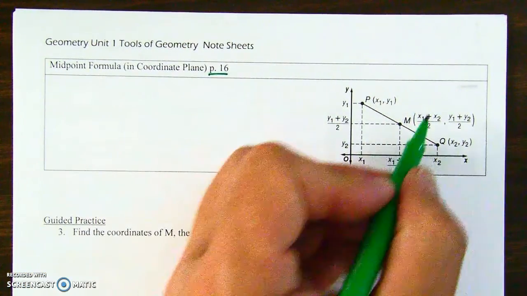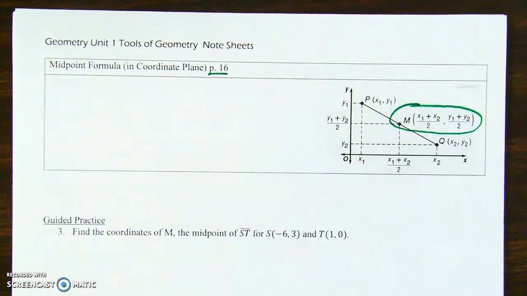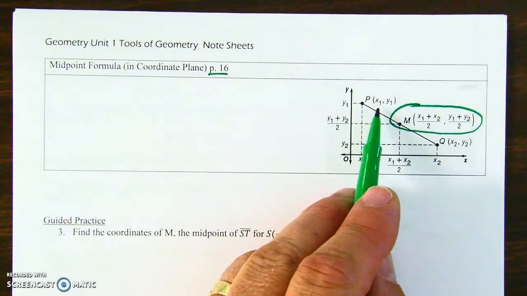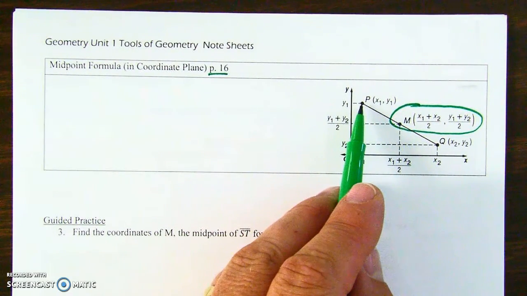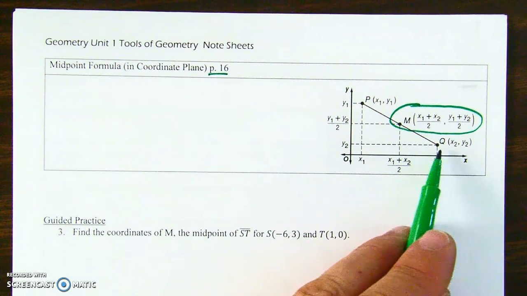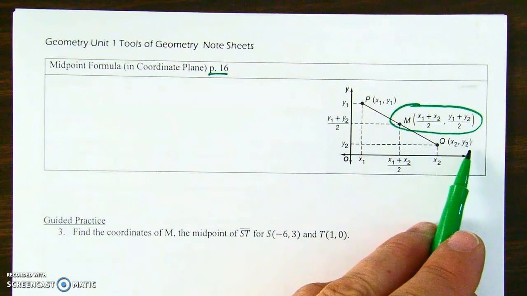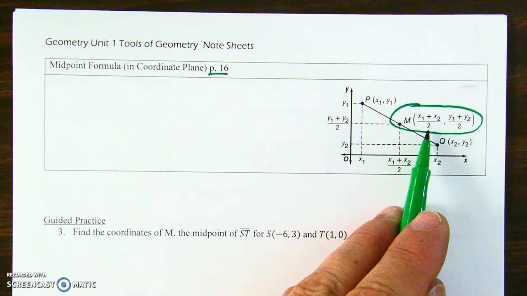But this is the formula you're going to need. Again, labeling x1 and y1 as your first point. Notice I did it on the far left like I always do. Then label the second one, which is on the far right, as x2 and y2. So we're going to be adding our x's up and dividing by 2.